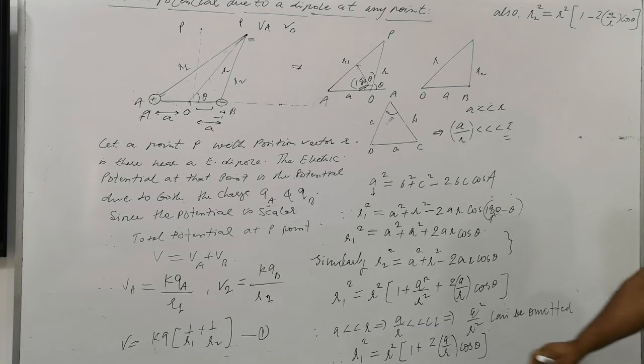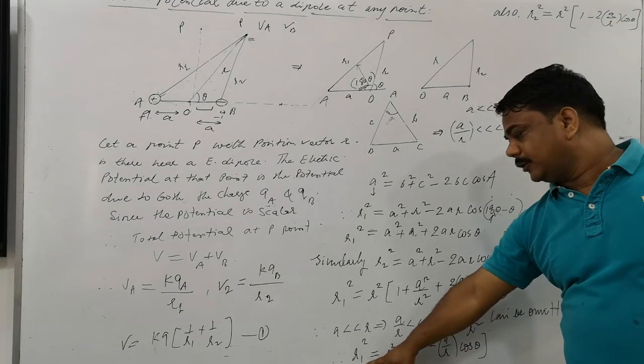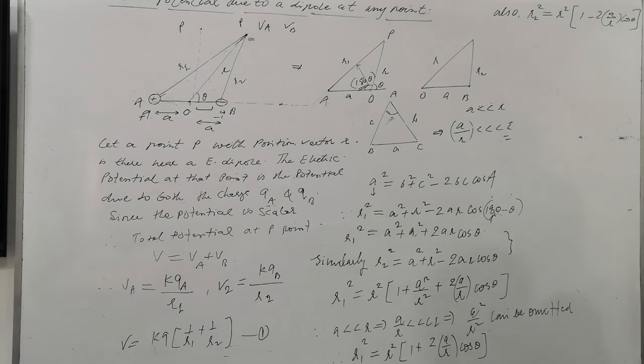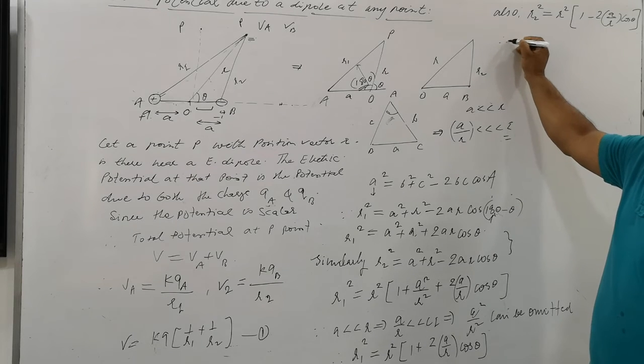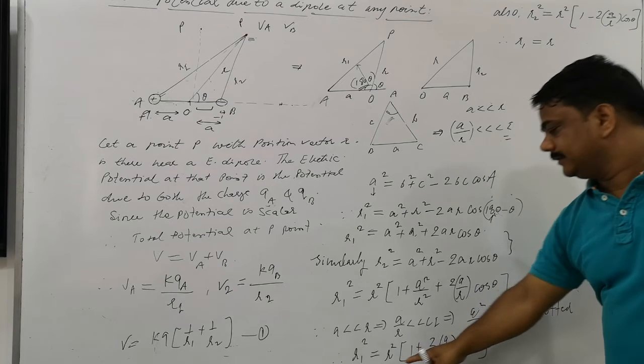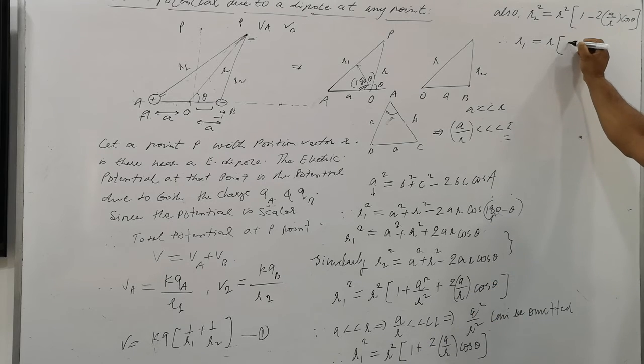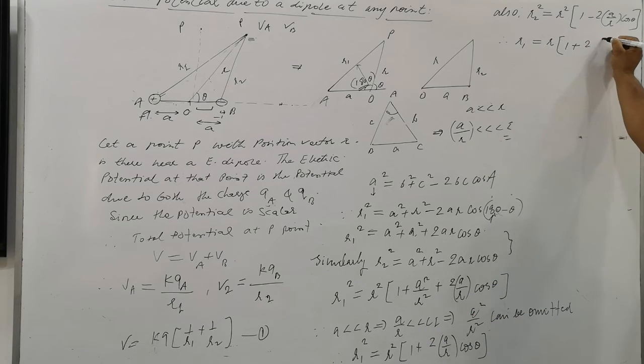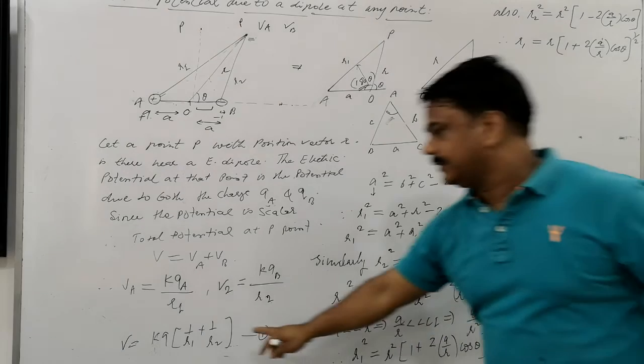Clear? So we have to find 1 by r. How can you find 1 by r? Therefore, taking the root on either side, r1 is equal to r times 1 plus twice a by r cosine of theta, its power is 1 by 2. We have to find 1 by r1, because here 1 by r is there.